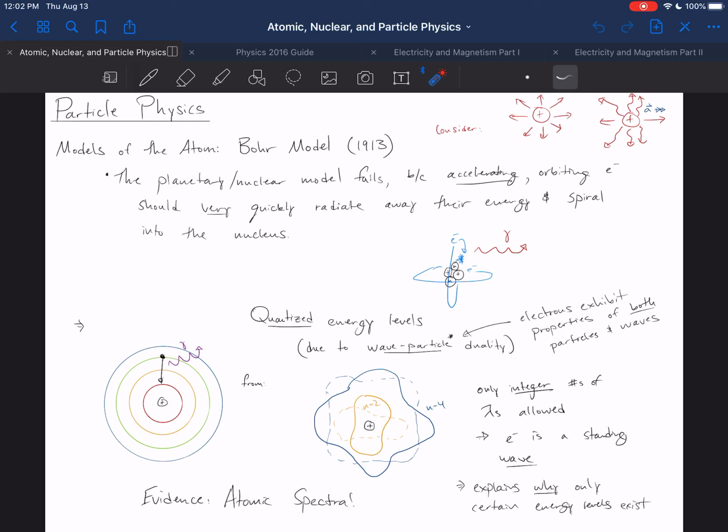And this is due to a phenomenon we know as wave-particle duality, but in some ways that is just naming something quite mysterious, which is that electrons and, for that matter, photons exhibit properties of both particles and waves. HL will delve into this in much, much more detail.